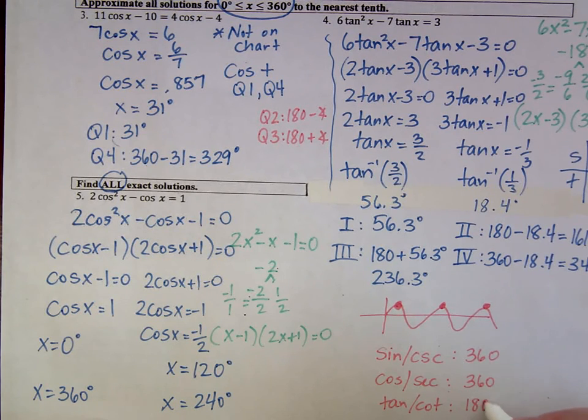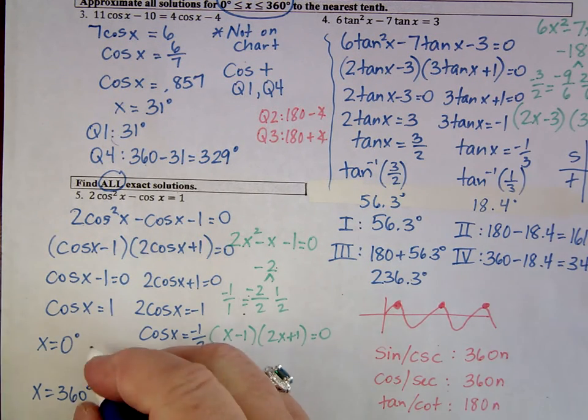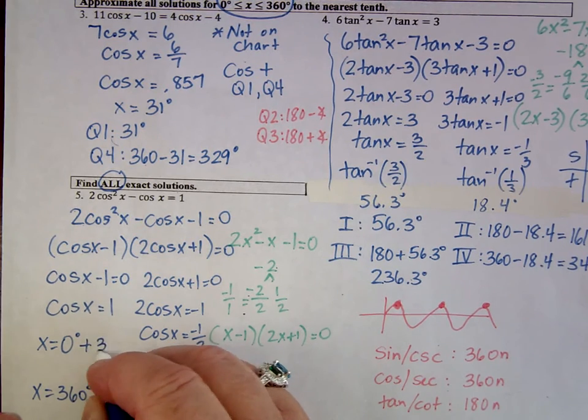And all you need to do in the end is look at the trig function you have, and then you're going to add on any multiple, 360n. I think they might use k in the flip math video, but I've always seen it as n, so we're going to keep it as n's. So in other words, all I need to do is take my answer, the 0 degrees that I got. Cosine repeats every 360 degrees, so all I need to do is attach a plus 360n.